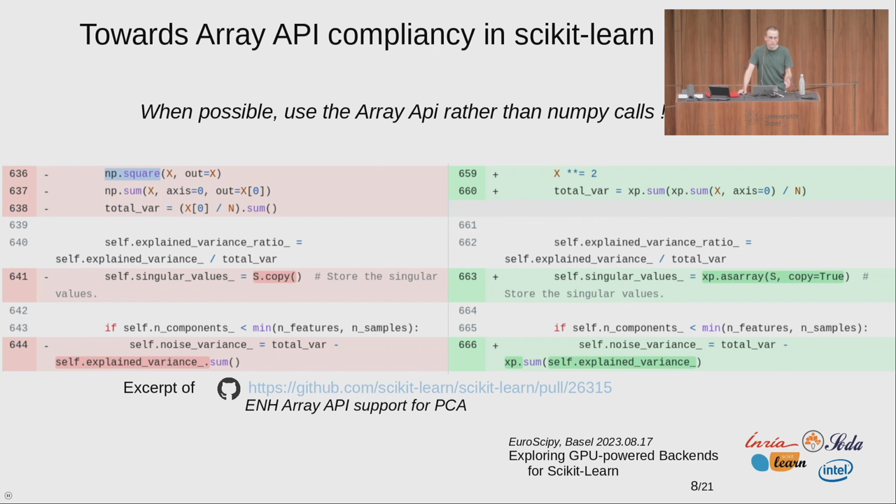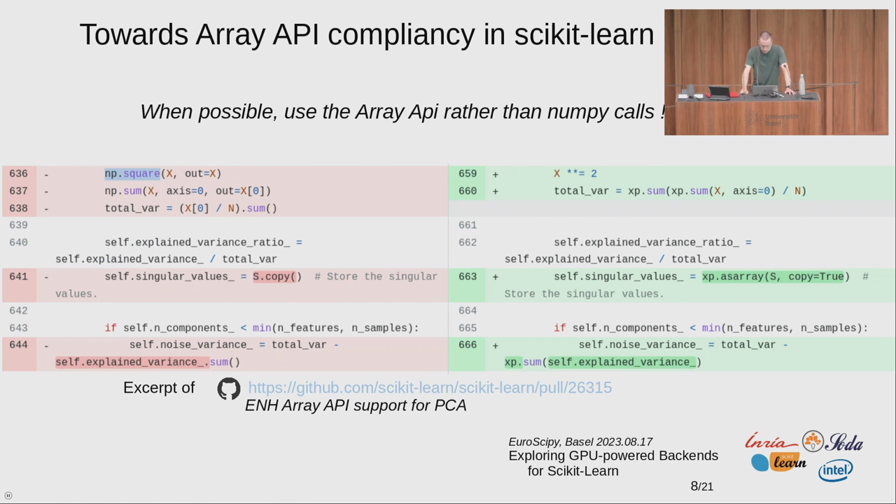And some of the estimators really are just sequential calls to NumPy array operations. So if we can replace the NumPy array operations with calls that are compliant with the array API, then from NumPy support we are going to extend to support on all array libraries that have array API compatibility.